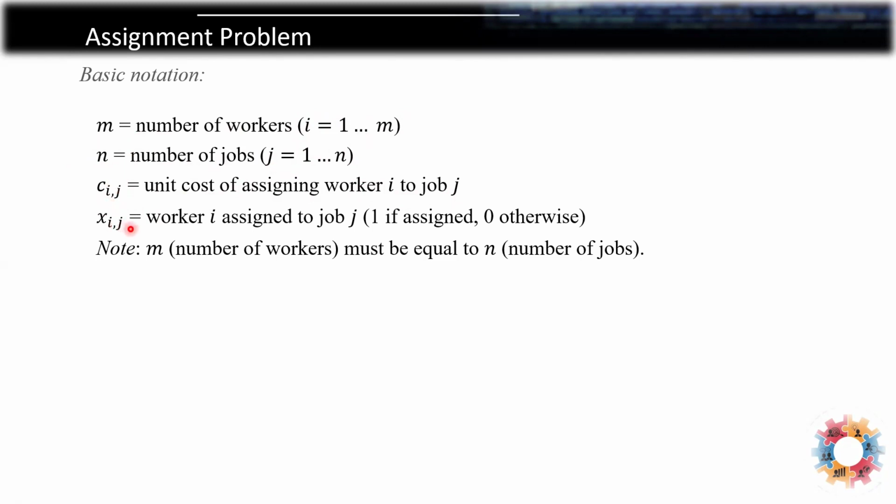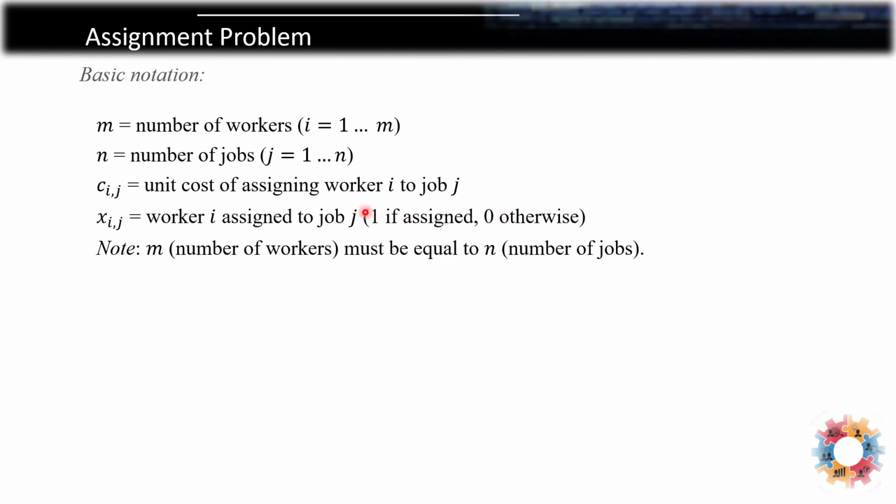And X sub ij, this refers to our decision variable. That means that worker I is assigned to job J. Now, this is actually binary. When we say binary, that means that your X sub ij can only assume values 1 or 0.